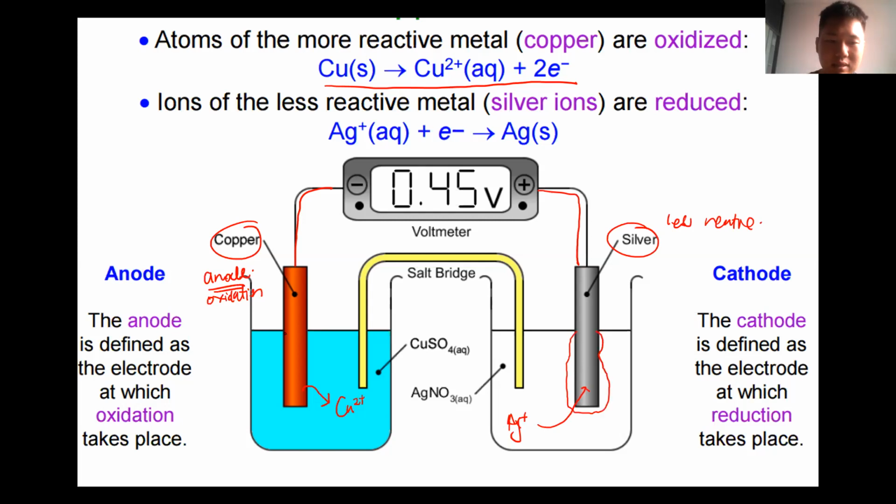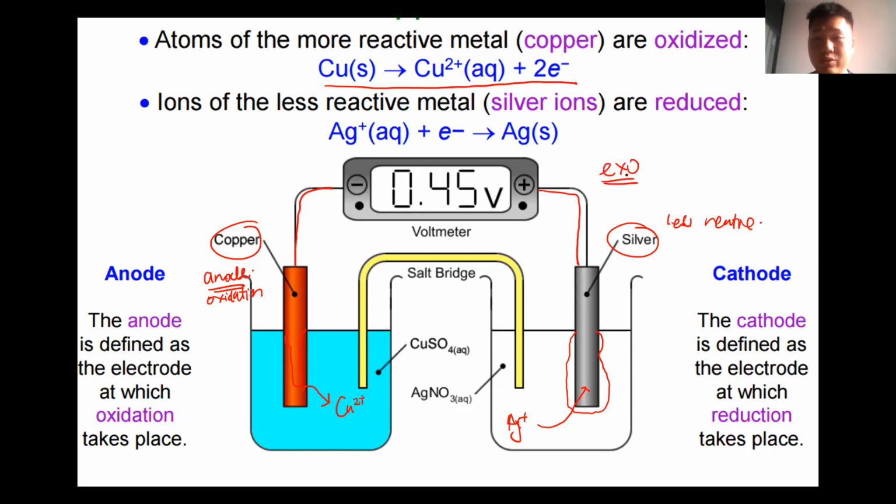And at the anode, we can expect the copper to be smaller in size. So this is what happens when we have two metals connected together. And for this setup, no battery is needed because this reaction is exothermic.